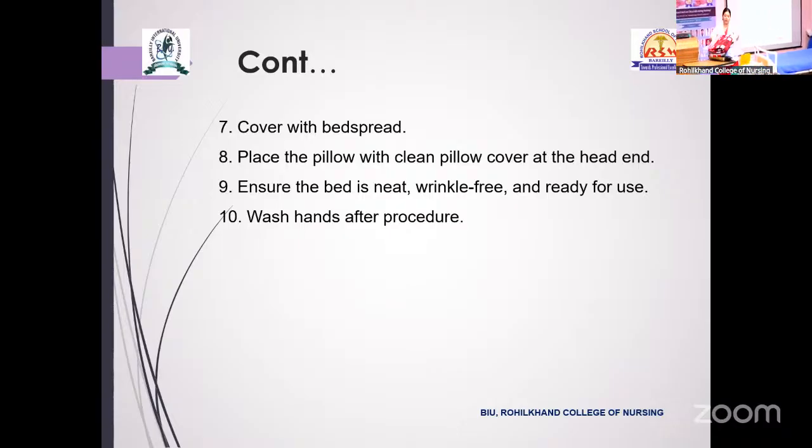At last, if required, take a blanket, place it over the top sheet and unfold it in the same manner. First, unfold the upward area, then downward area of the blanket.